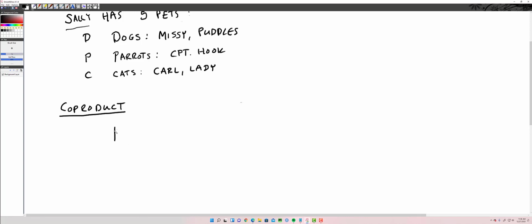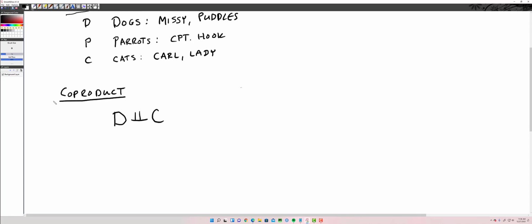Let's think about what D and C, the co-product of these two, winds up being. So really we're just looking at elements of D, which are the dogs, Missy and Puddles, and elements of C, Carl and Lady. And remember that we're going to map into this.